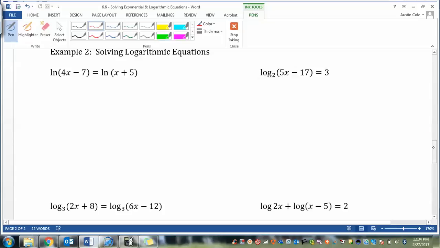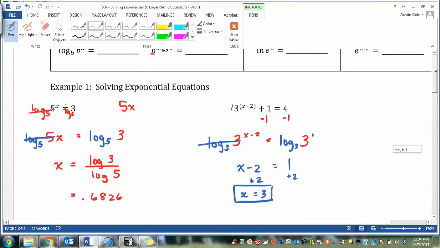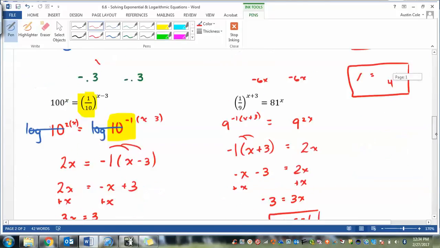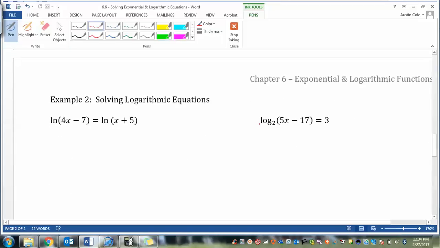If I go back up to the top of the front page, if I do b to the log b, they will cancel. So to get rid of log base 2, we exponentiate both sides. That just means we're taking 2 to that power.